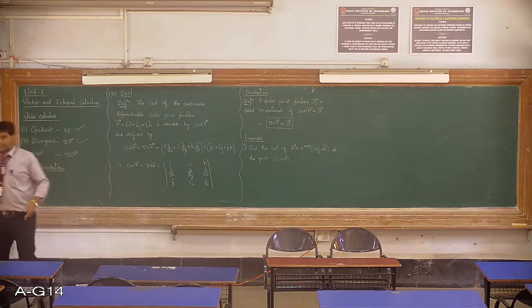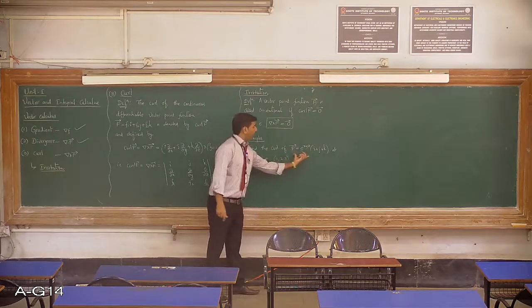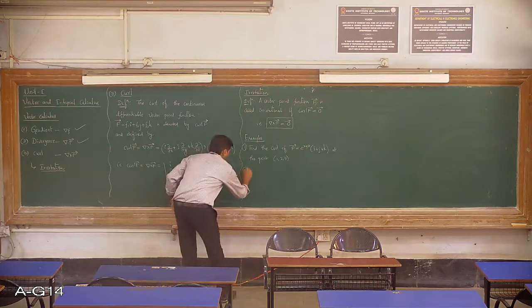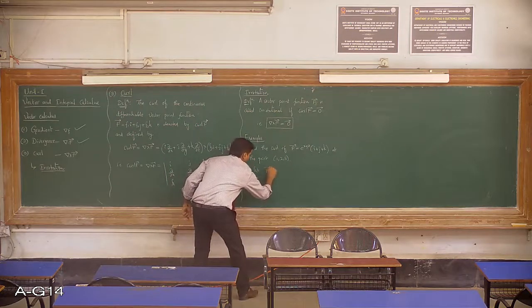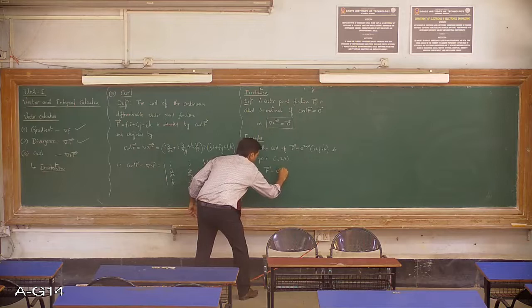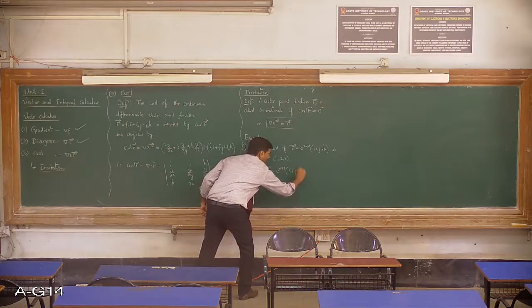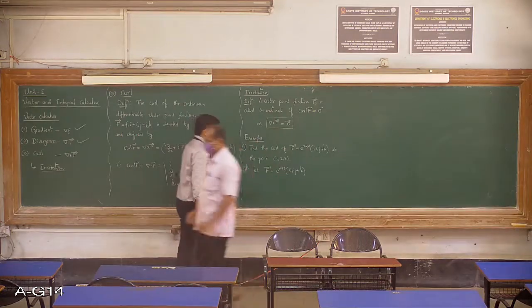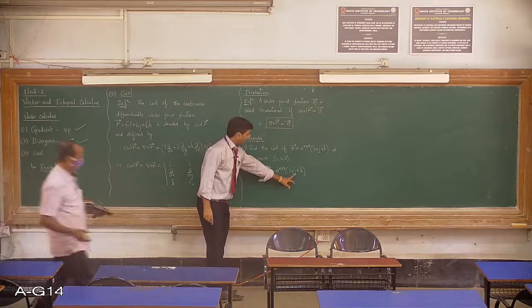By taking this example, we need to find the curl of the vector point function f. So first I'll take what they have given. Let f is equal to e to the power xyz times the bracket i plus j plus k.